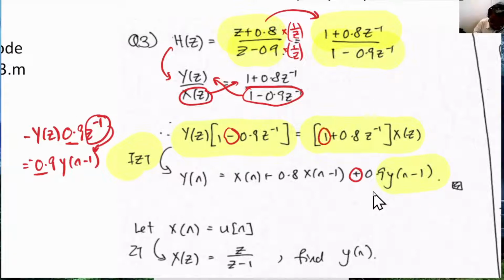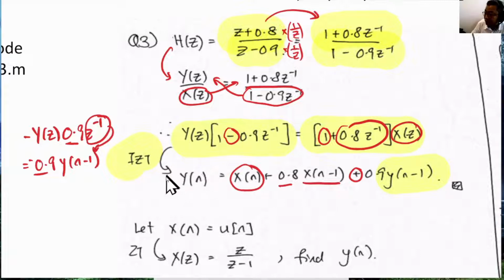This is trivial: 1 times X(z) becomes x[n], of course. 0.8 times z^-1 times X(z) is simply 0.8, the coefficient again, times x[n-1]. So to get the difference equation, we need H(z) to be in negative powers of z.